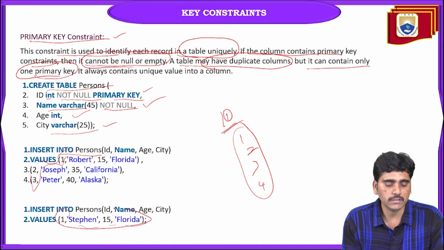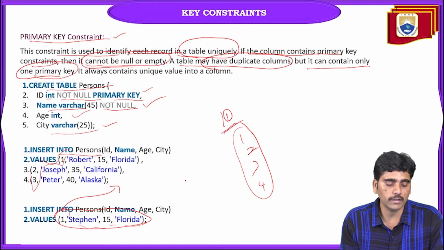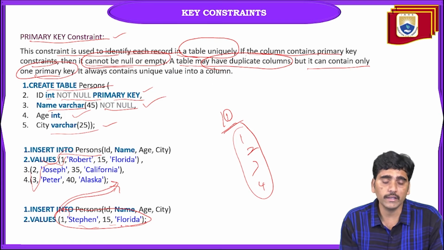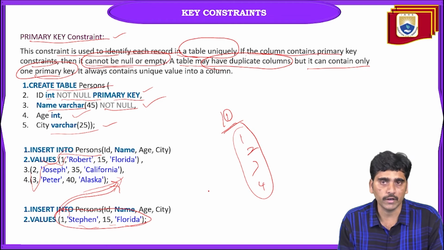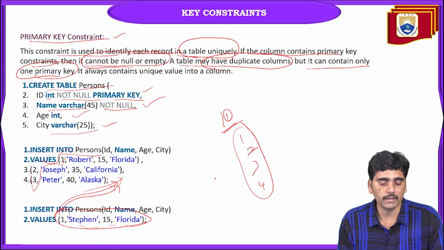It displays an error, because 1 is already inserted with Robert, 15, Florida, and you are trying to enter a duplicate value for the column. So it displays an error like duplicate entries are not allowed with the primary key. You will get a message like this.